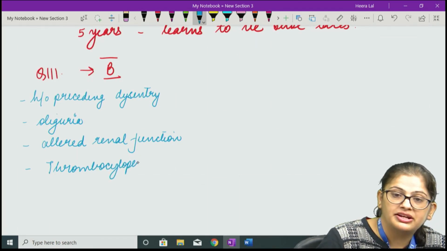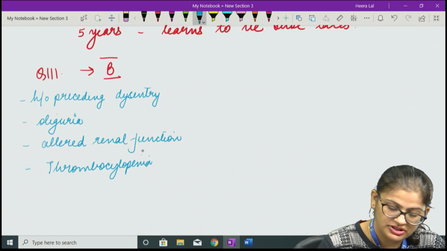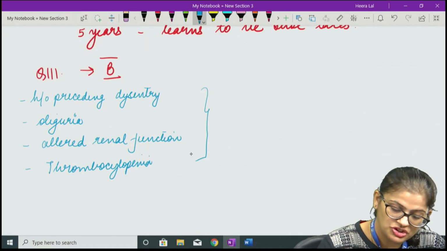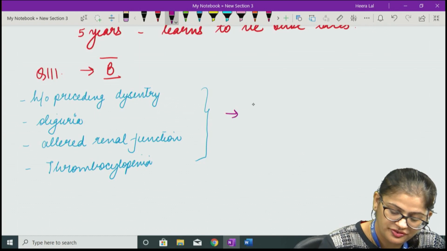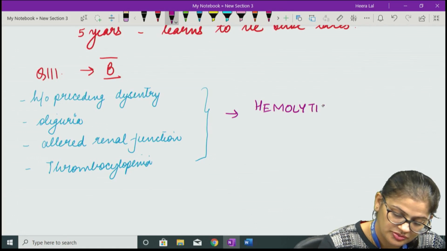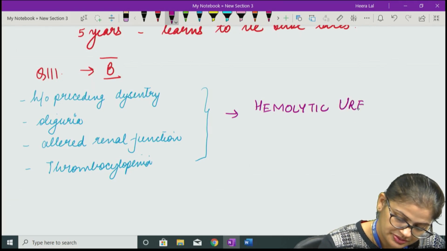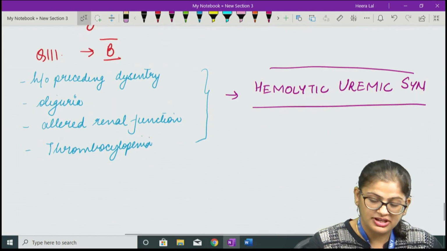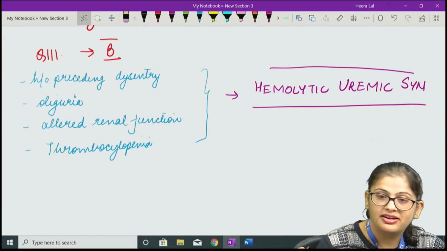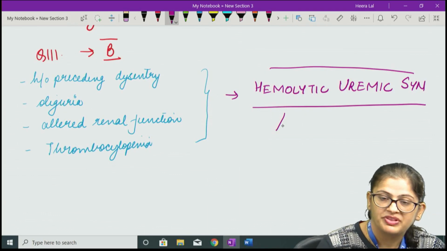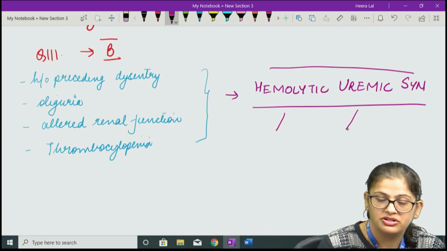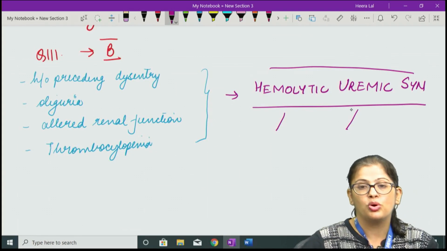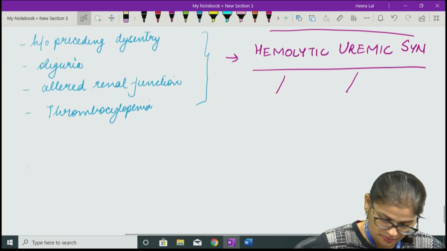So this is a very characteristic history with lab features. This points to the diagnosis of hemolytic uremic syndrome. As the name suggests, there is hemolysis and at the same time there is uremia, so there is renal failure. These are the important components of hemolytic uremic syndrome.